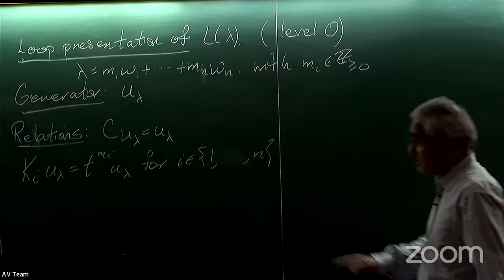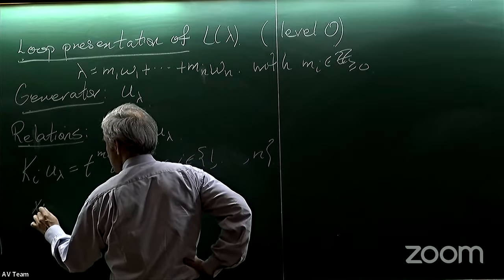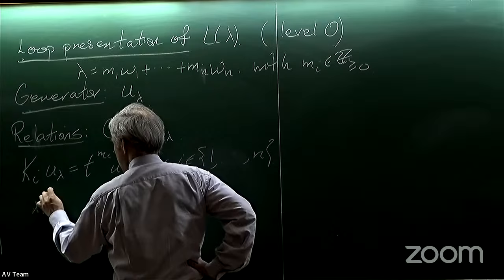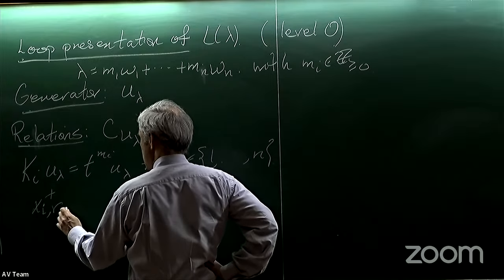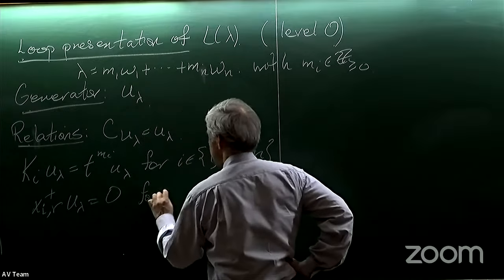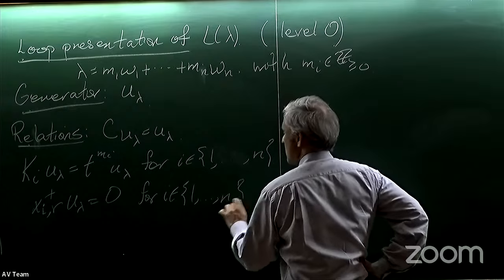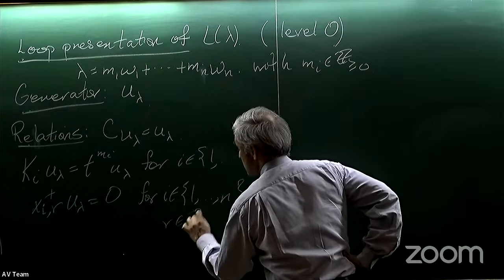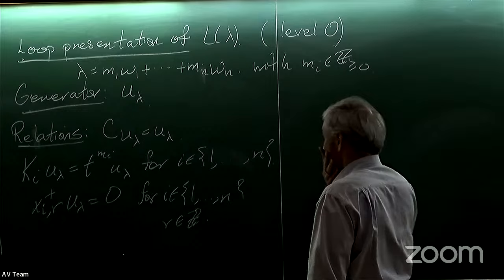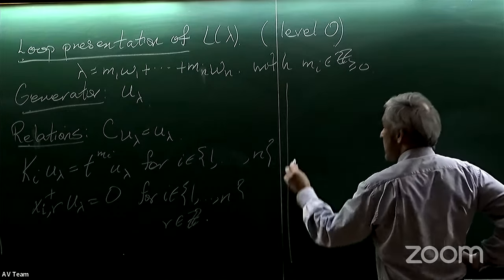And then in this loop presentation, we make it a highest weight vector. So I could write it this way, x_{i,r}^+ u_lambda is 0, for r in Z. And then I'm going to put some bounds on it.